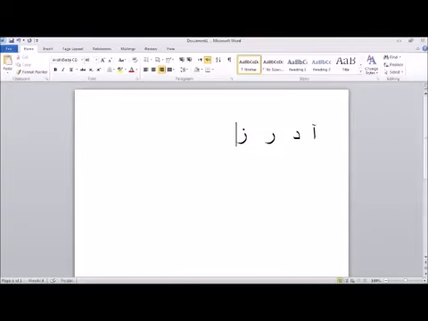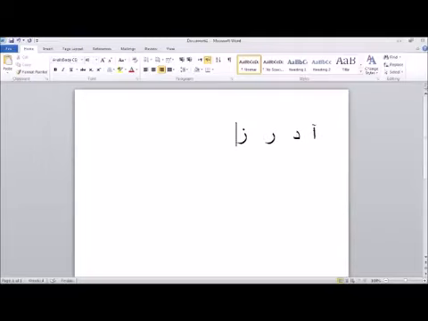These are all non-connectors. It means whenever you have a word in which these occur, no other letter can be added to them after it, before yes.